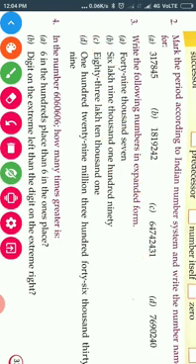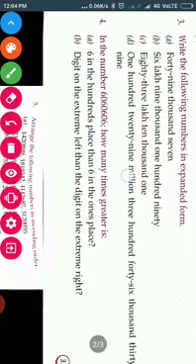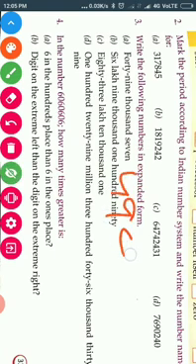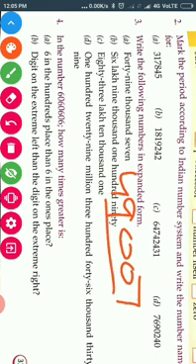Next one is: write the following numbers in expanded form. Here number names are given, we'll write these in expanded form. So your first one is 49,007. First we'll write this one in standard form, 49,007, and then we'll write it in expanded form. Or directly also you can write from the number name.